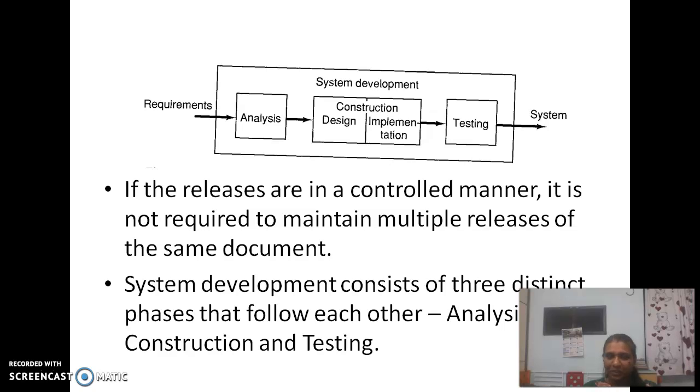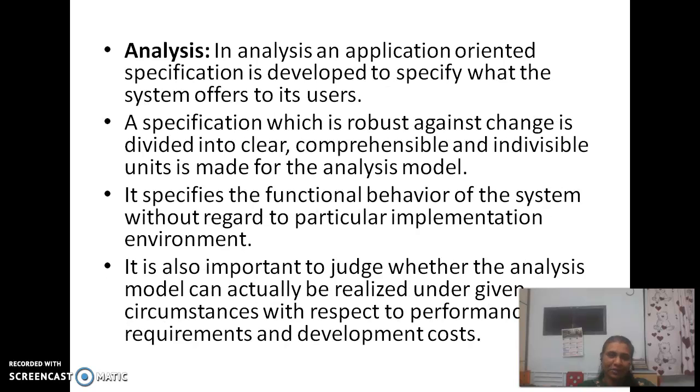In construction, it is again divided into two parts, design and implementation. If the releases are in a controlled manner, it is not required to maintain multiple releases of the same document. Rather, it can be present in a single document also. So, system development consists of three distinct phases that follow each other, that is analysis, construction and testing.